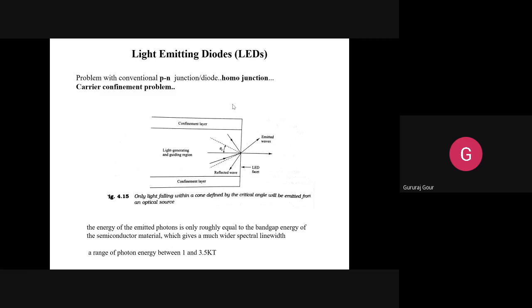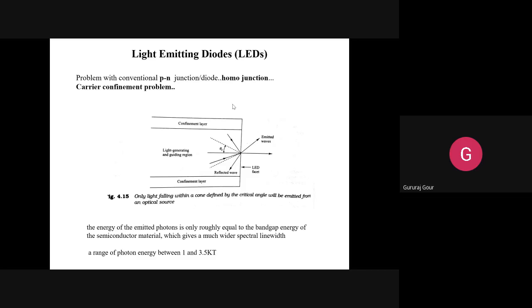We have to inject electrons in the conduction band so that we can let this spontaneous emission occur and we'll get the light. That is one thing. After getting the light rays, we allow only those light rays which are falling within the cone made by the critical angle, thereby creating the carrier confinement problem, thereby reducing the power or the efficiency.